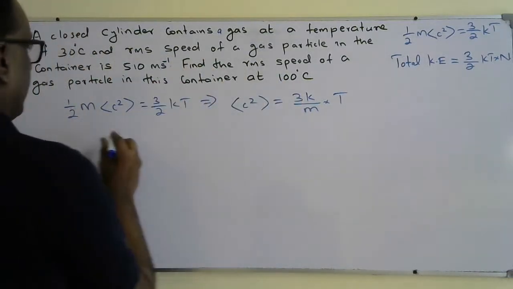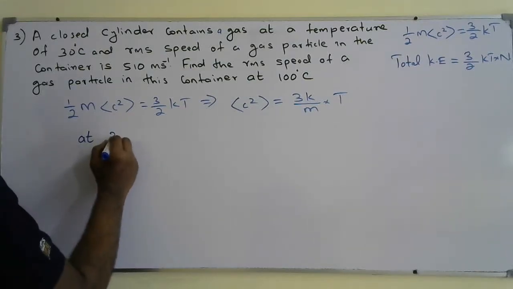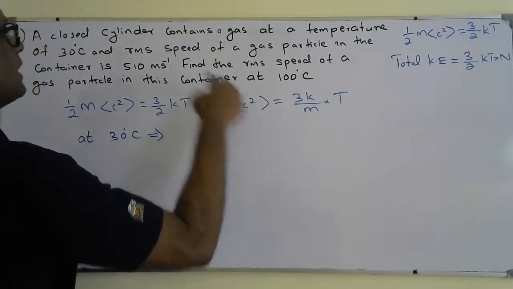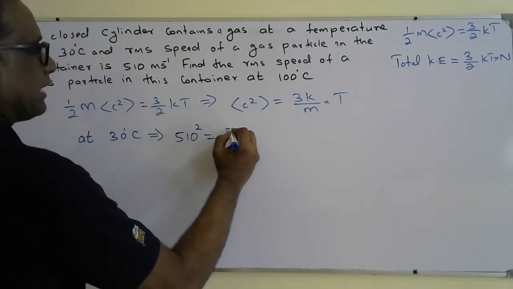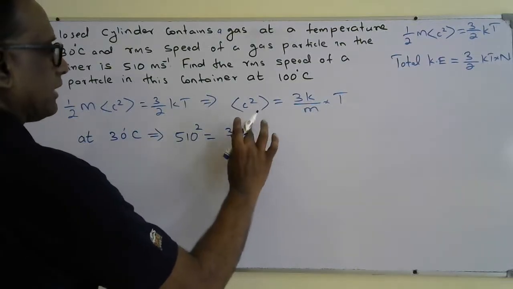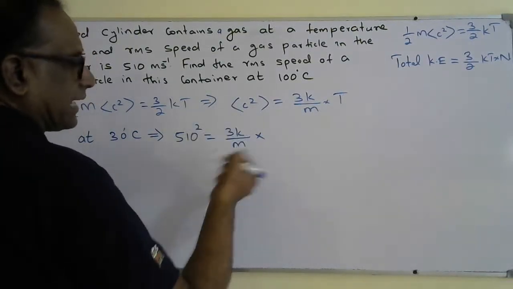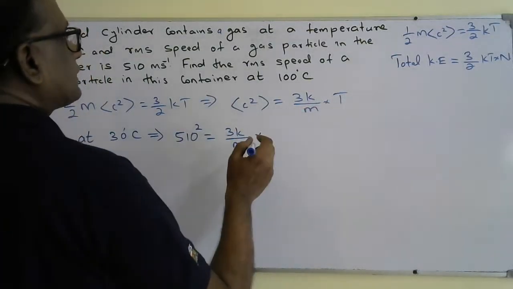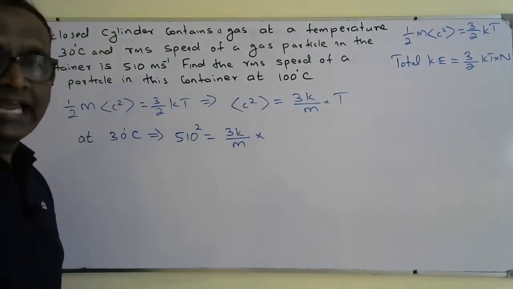So at a temperature of 30 degrees Celsius, the r.m.s speed is 510. So mean square speed, 510 squared, equals 3k over m times T. Anyway, it's a constant, I can replace it by k, but I will keep it as it is. Temperature is at 30 degrees Celsius, which means we have to convert to Kelvin scale.